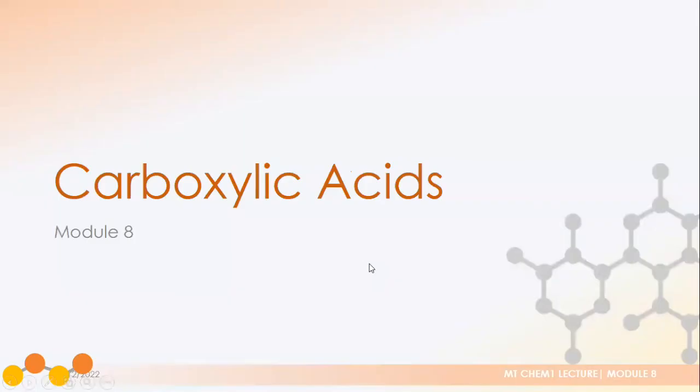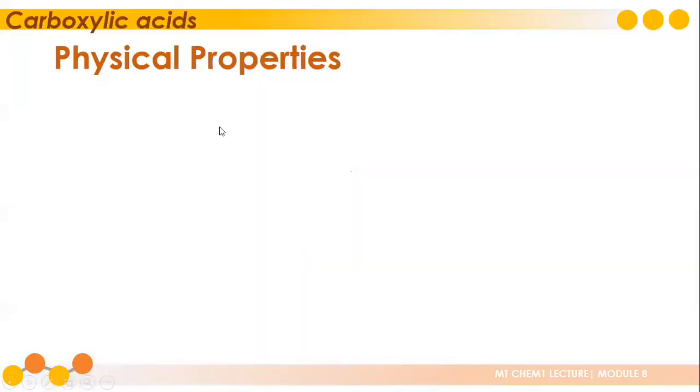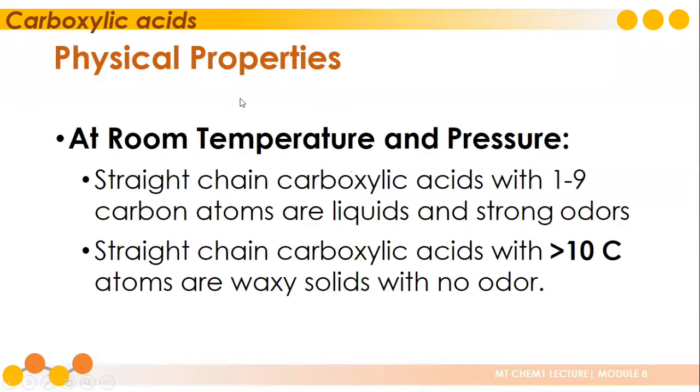Let's start our discussion with carboxylic acids, with their physical properties. First is their behavior at room temperature and at normal pressure. Straight-chain carboxylic acids with 1 to 9 carbon atoms are liquids with strong odors, while straight-chain carboxylic acids with more than 10 carbon atoms are waxy solids with no odors.